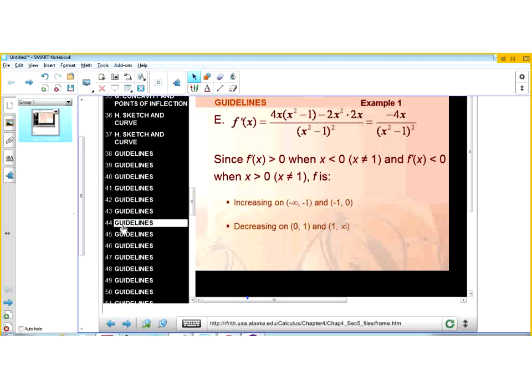So the function is increasing where x is less than 0 on its domain, and decreasing for x greater than 0. That's probably verified by the asymptotes.